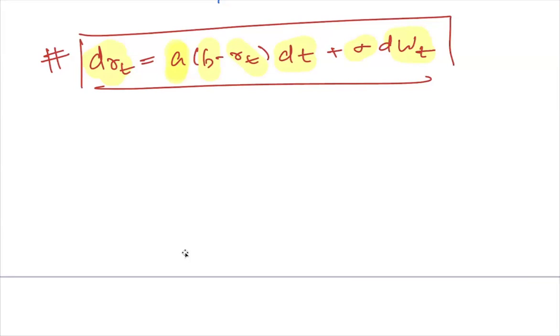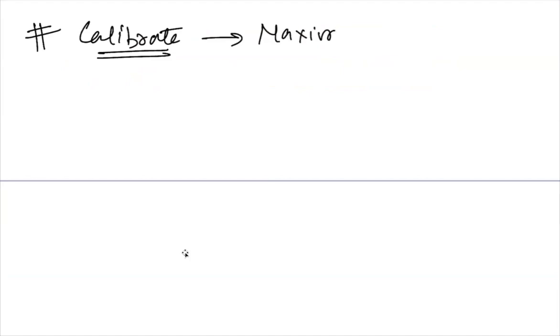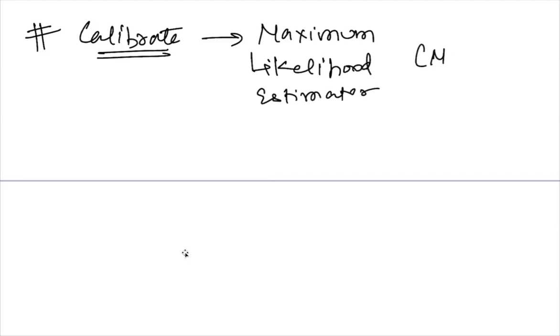Now let's look at the calibration of this model using the market data. Every time, you need to calibrate these models through the market data. The calibration technique that we'll look into is the maximum likelihood estimator, and after this we'll see the practical implementation of this in the next video.